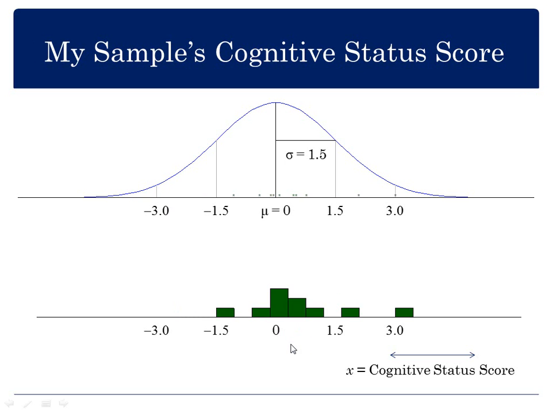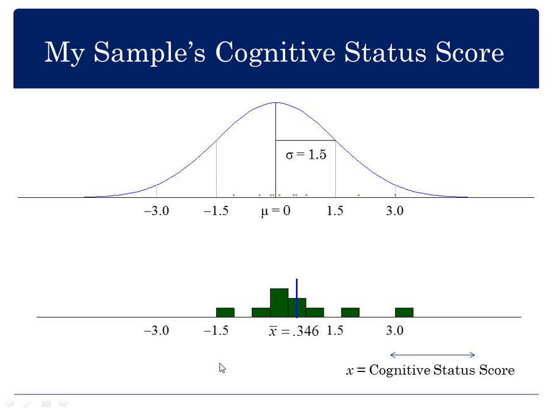Now, independently of you, I go out and I decide I'm going to investigate this problem too. So I'm going to collect 10 observations, or 10 subjects. I'm going to measure their 10 cognitive status scores. This is the histogram of that data. Just drop it down on a different axis, but the axis means the same.